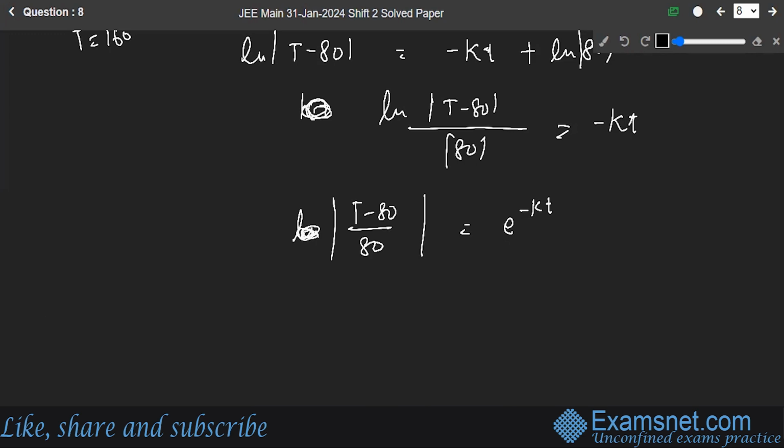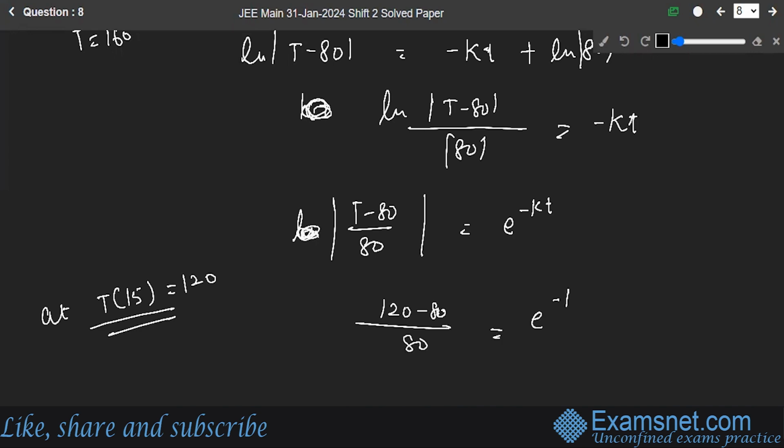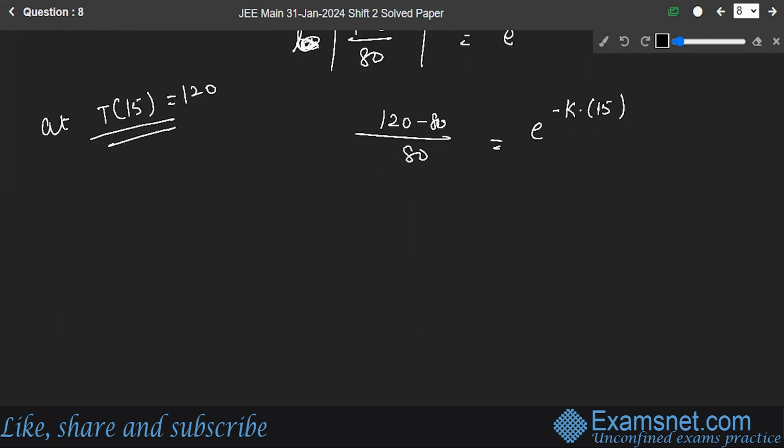And you are given that at T15, that is when time is equal to 15, temperature is equal to 120. So this gives me 120 minus 80 upon 80 is equal to e raised to power minus k into 15. So I have to get the value of K as well.